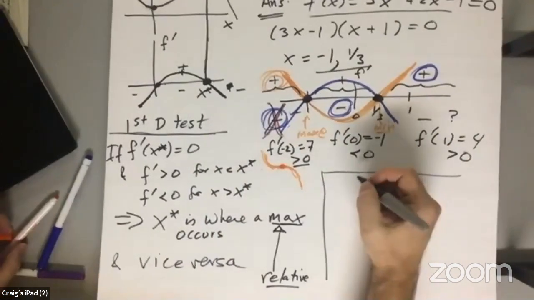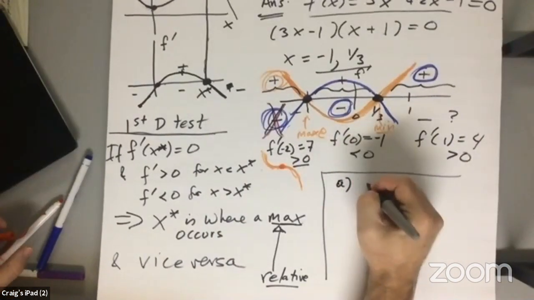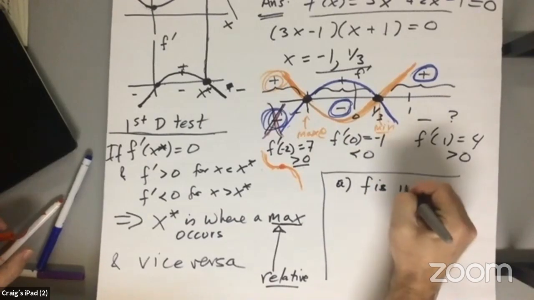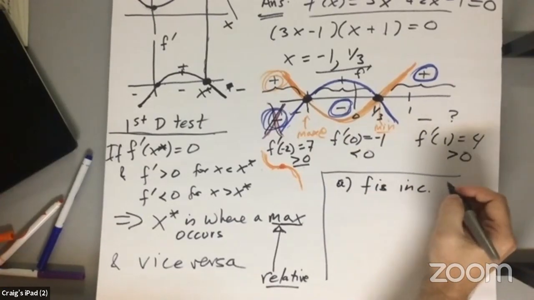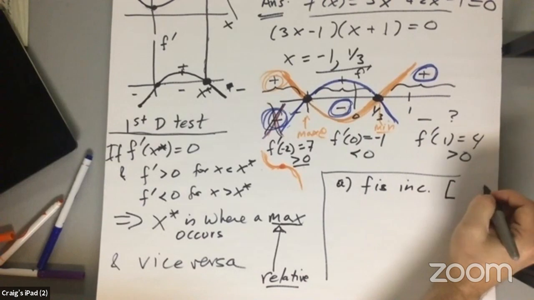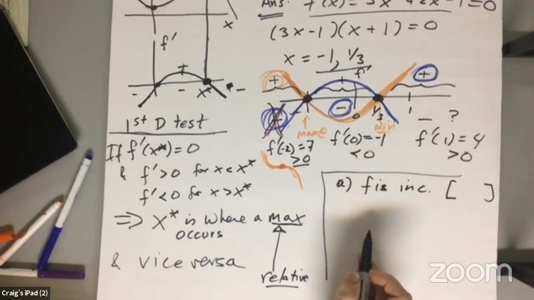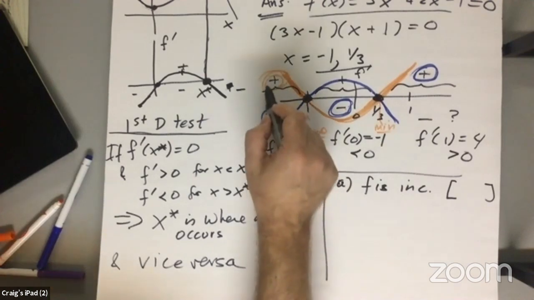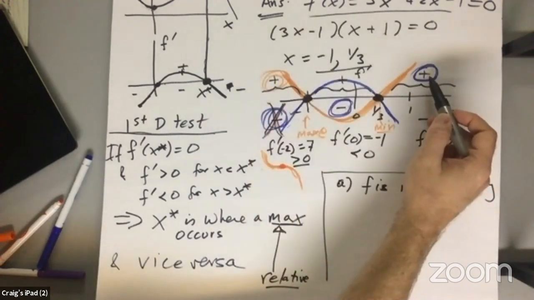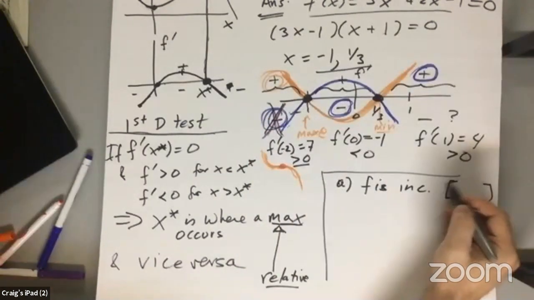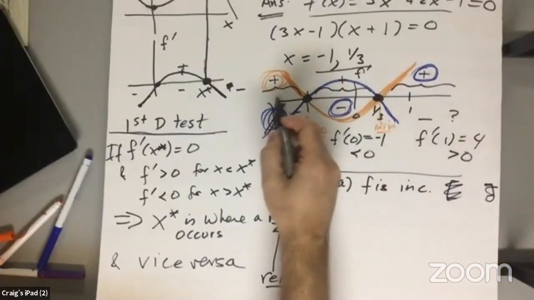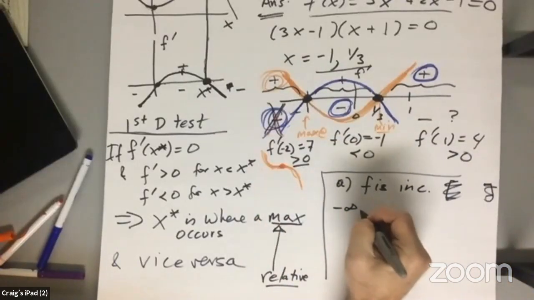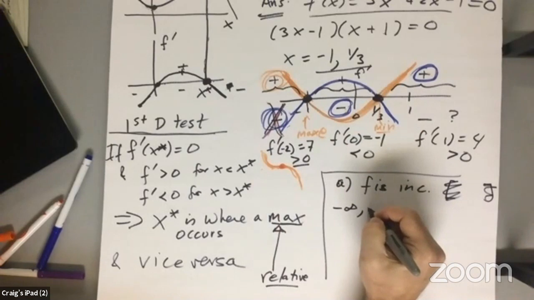And what it tells us for part A is where f is increasing. It's increasing on the interval where the derivative is positive. And that's here and here. Not that one. Okay, I need round brackets. It's increasing from -infinity until I get to -1.